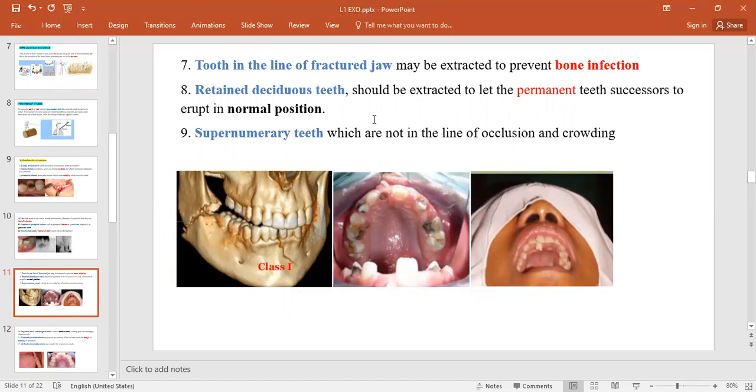Tooth in the line of a fracture, as you see here, is a source of infection, and it will cause delayed healing of the fracture, so we must extract this tooth.